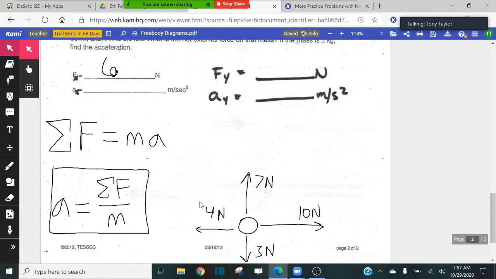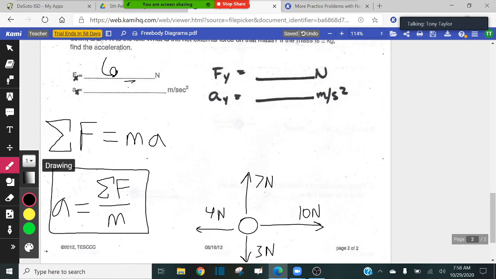So if the sum of my forces is 6 newtons, 6 divided by 2 kilograms is clearly 3 meters per second squared. Acceleration is meters per second squared. So 3 meters per second squared is our acceleration in the x direction.